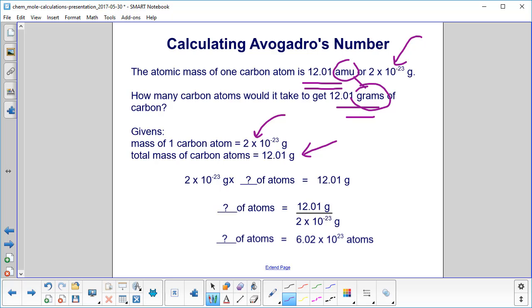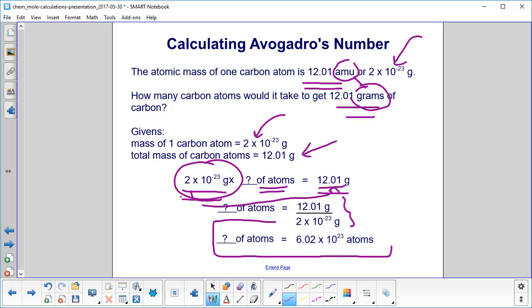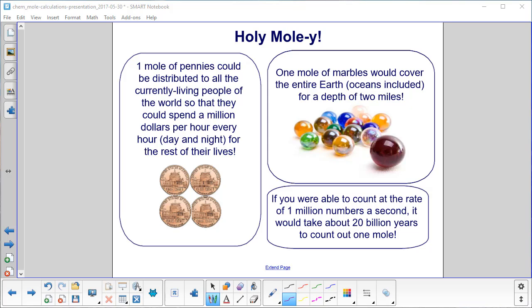So we're going to say the mass of one carbon atom times the number of carbon atoms has to equal 12.01 grams. So we divide through by this guy, comes over here, and you see this, and we find out that we need 6.02 × 10²³ atoms. And that will give us 12.01 grams of carbon. That number should look familiar to you already. That number, 6 × 10²³, is Avogadro's number, and it's related to the mole.